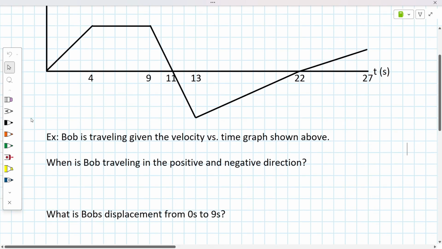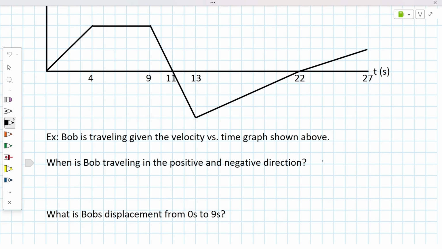This is the same kind of thing we did with the position graph, but now we're given a velocity versus time graph, right? When we were on the position versus time graph, we just needed to find where the slope is positive, which is when the velocity was positive. So if we're trying to find when Bob is traveling in the positive direction, we can simply find where the velocity is positive versus negative.